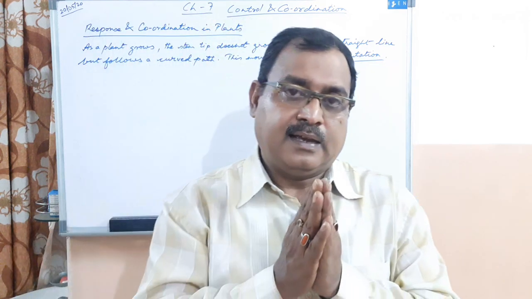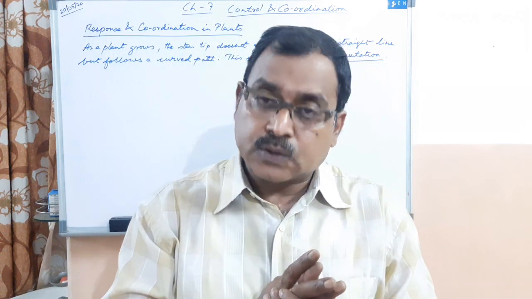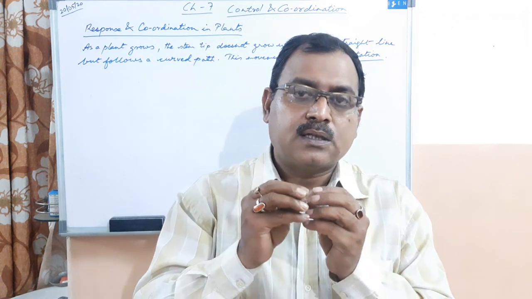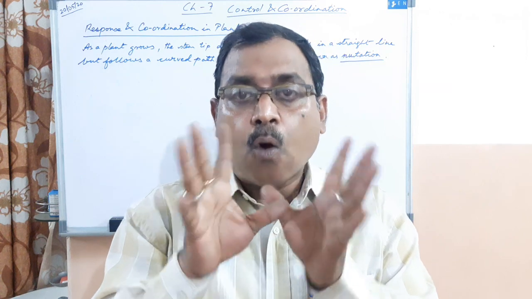This is visible. But some other types of movements are also there. For example, in many flowers, the petals open up after sunrise and again close after sunset. So these are also movements.